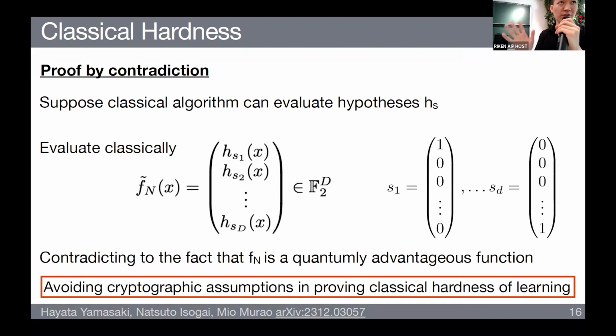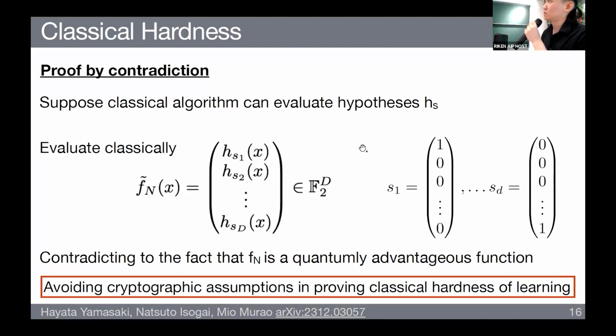Without such a computational hardness assumption, basically in computational complexity theory, it's hard to show anything. For example, we don't know any proof of P not equal NP. This kind of showing hardness requires some assumption on the computational hardness. So here in our case, the assumption is on the classical hardness of computing the computationally advantageous function.